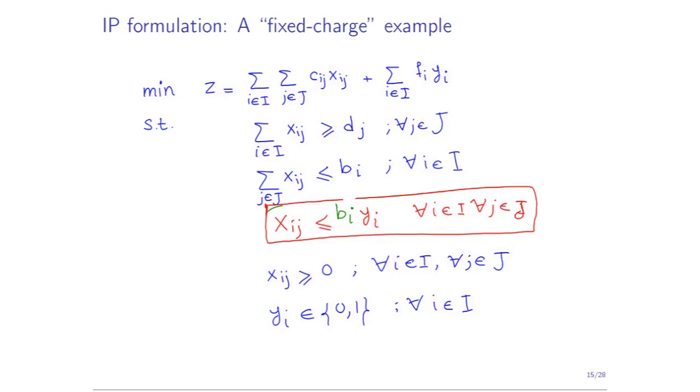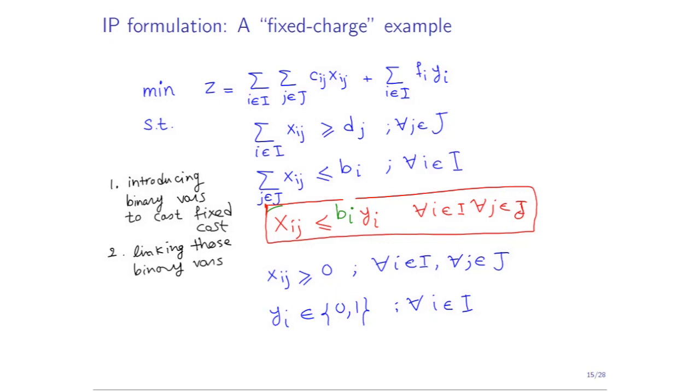Once again, I want you to focus on 3 things. 1, introducing binary variables to cast fixed cost. 2, linking those binary variables to the original continuous variables.